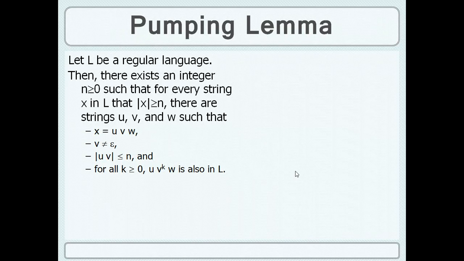So if L is a regular language, then there exists a positive integer n, or it may be 0 but non-negative, such that for every string x in L with length greater than or equal to n, there are strings u, v and w such that x is equal to uvw and v is not equal to epsilon, and the length of uv is less than or equal to n, and for all k greater than or equal to 0, uv^kw is also in L.